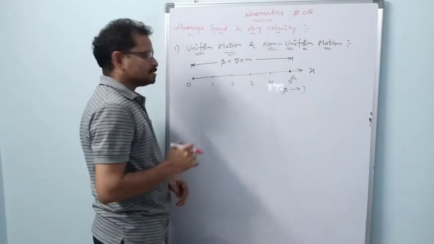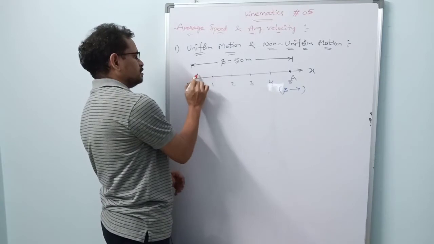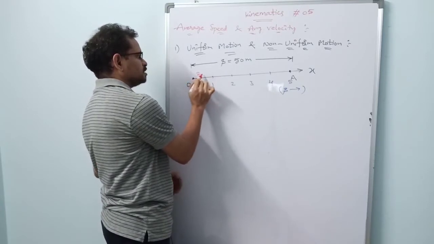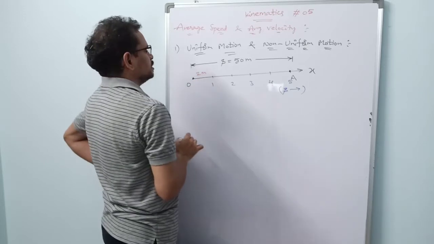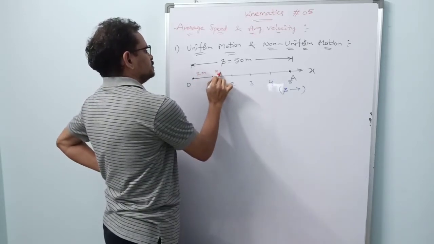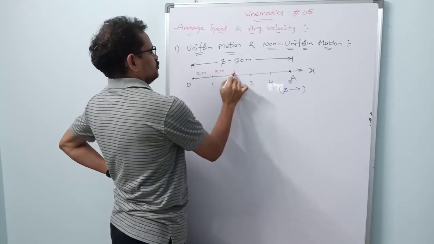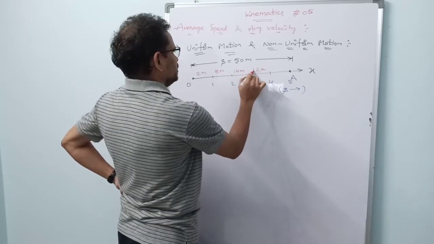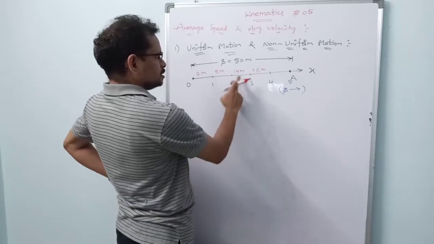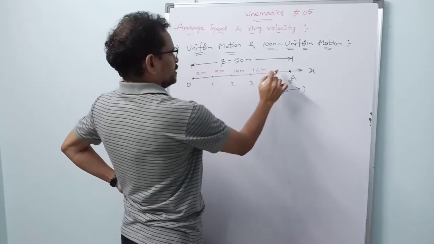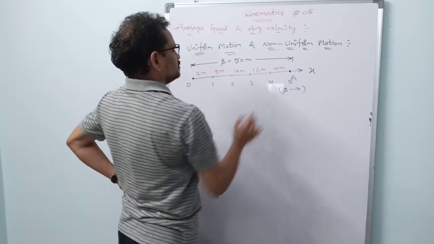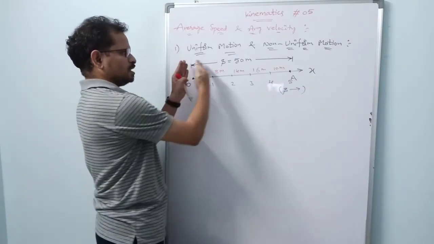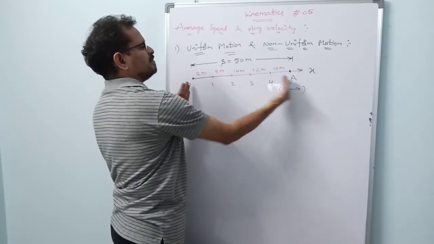Here the distance covered is 2 meters, here it is 8 meters, 14 meters, here it is 16 meters, and here it is 10 meters. See here, the total distance is 50 meters, the total time is 5 seconds.